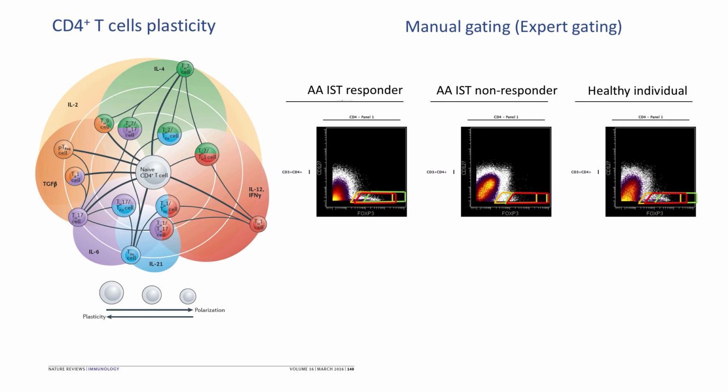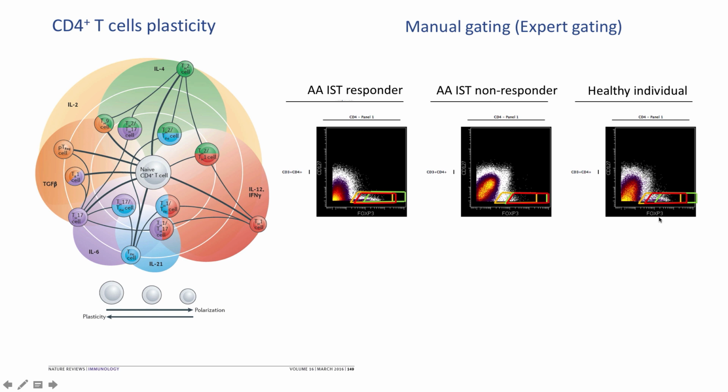If you look at this figure, I asked 3 experts in the field of regulatory T cells to gate Tregs for me based on 2 very well-defined markers for regulatory T cells, which is IL-7 receptor or CD127, and FOXP3, which is a transcription factor. Generally we say FOXP3 positive, CD127 low expression is a marker for regulatory T cells.